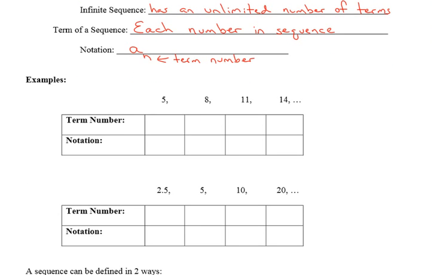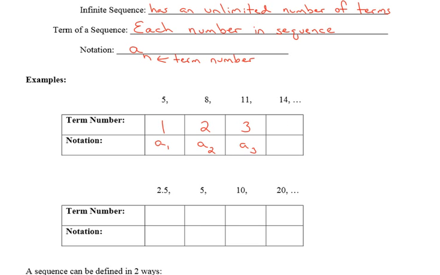All right, so what I've done is given you an example of a sequence, and the sequence is 5, 8, 11, 14, and it keeps going from there. 5 is the first term, so its notation is A sub 1, because it's a subscript. 8 is the second term in the sequence, so its notation is A sub 2, indicating that it's the second term. 11 is the third term, so its notation is A sub 3.